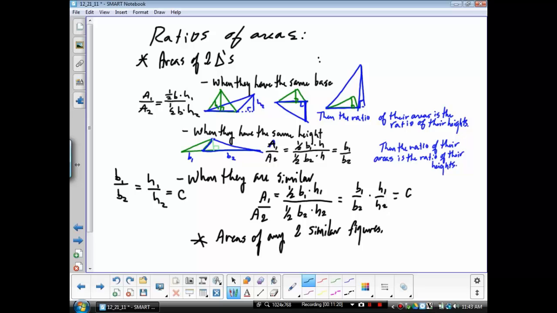So it's just equal to C times C, or the square of your scale factor.